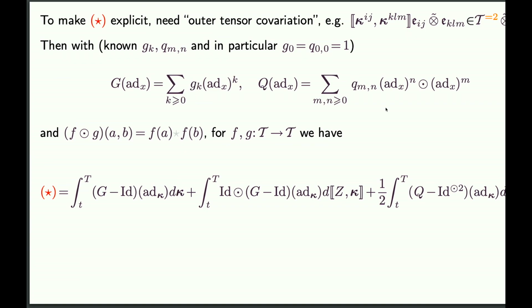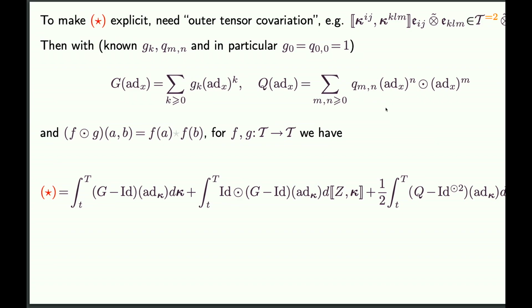And I should give you a glimpse of what this correction term looks like. For that, you need more notation. You need an outer tensor covariation where you keep the entries separately. If this is an entry on the second tensor level here, and here one of the third, then you don't have to munch them all together, but you need to keep them separate, which is the reason why I initially wanted to work with star and not with this one.